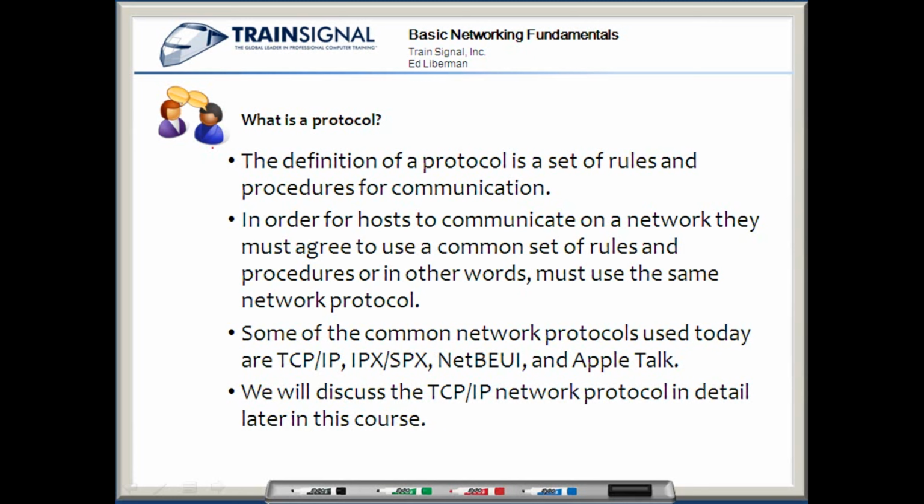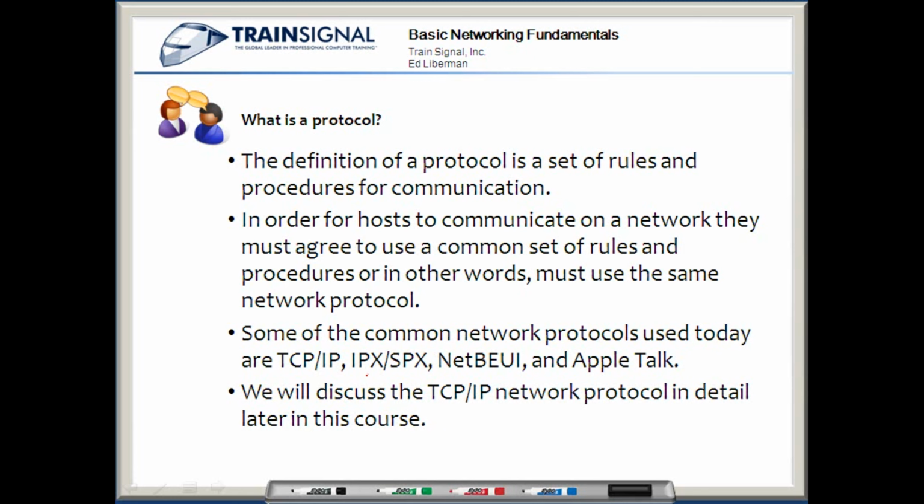Yeah, I thought so. So we will talk about TCP/IP in great detail again in another video later on in the course. Some of the other common network protocols out there are IPX/SPX, something called NetBEUI, and AppleTalk. Now, those three protocols are all what's called vendor-specific protocols.